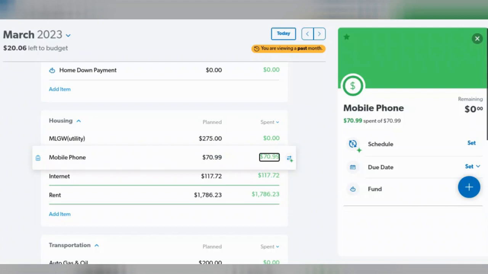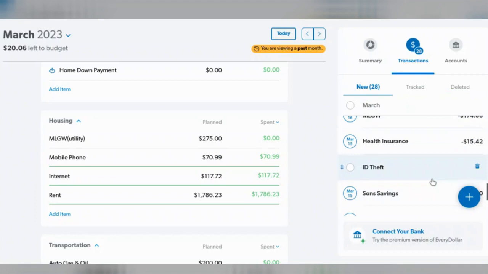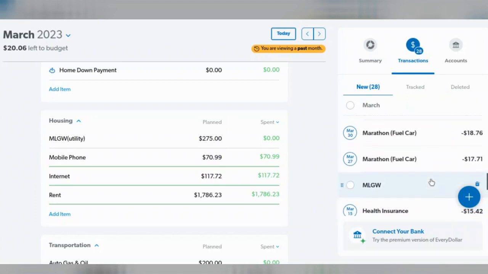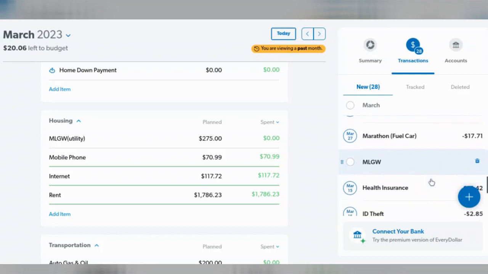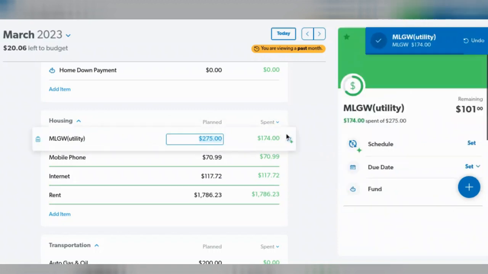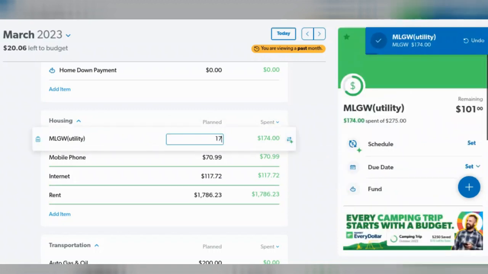So I need to look on their site and see what I need to do to get a new plan, because now I'm down to two devices. My stuff is still the same old cell service I came under with from Sprint. So MLGW, I paid 174 instead of 275. So 174.